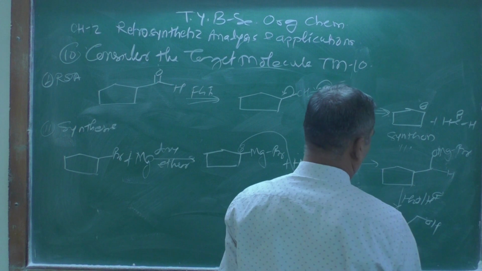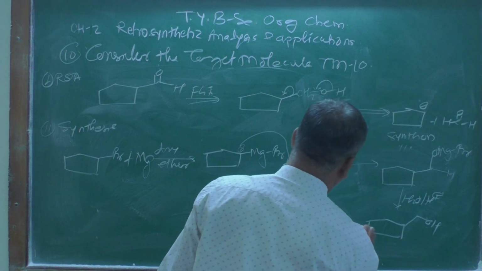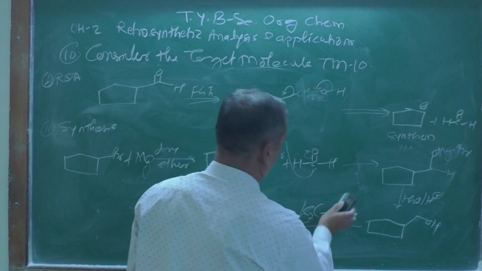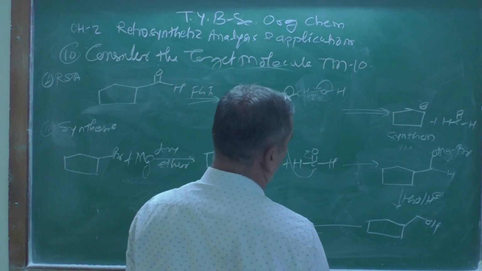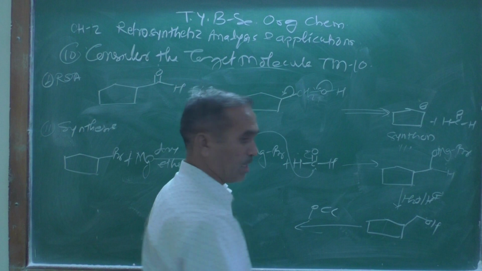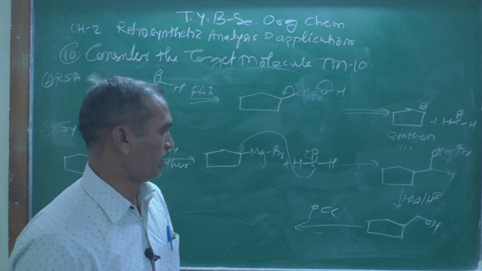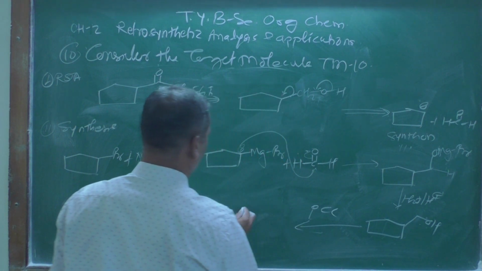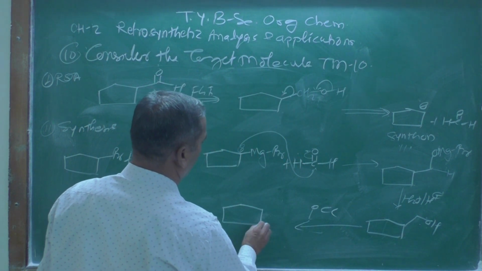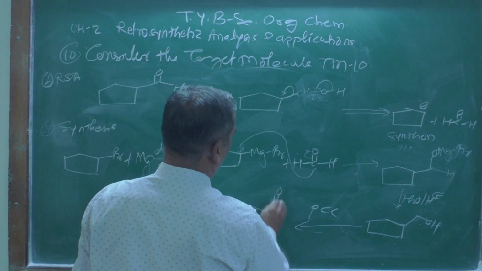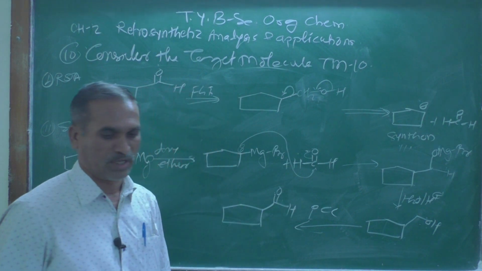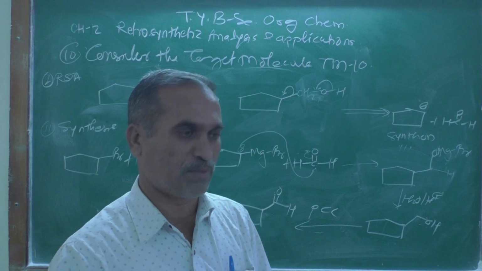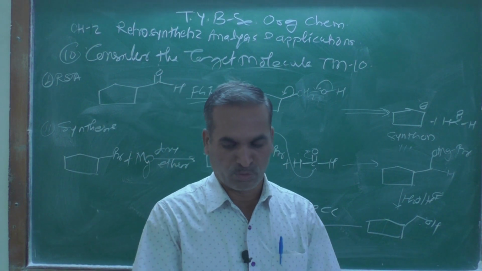This is an alcohol, and now this compound is treated with K2Cr2O7, or for aldehyde you can use PCC. As I already told you, if you use PCC, primary alcohol stops at the aldehydic position, and therefore we are going to get the product over here like this. So these are, I think, most of the examples I have shown over here.